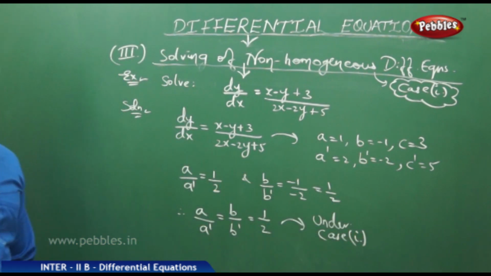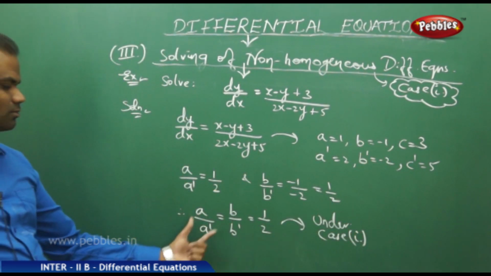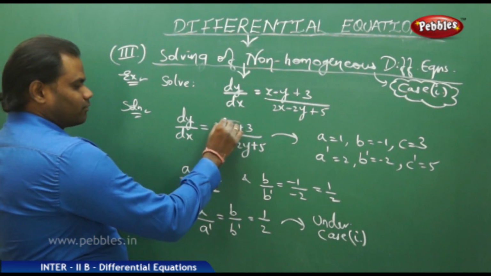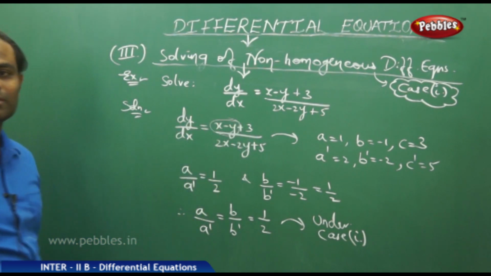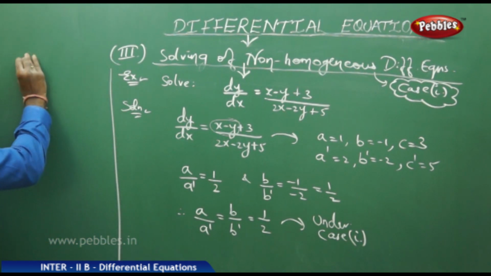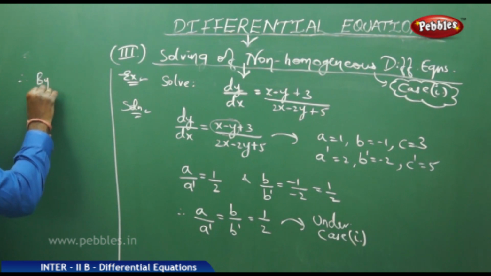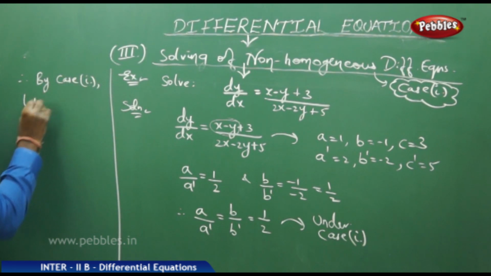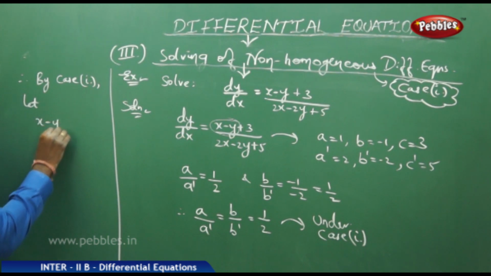So under case 1 we know that if this equals this, then immediately I take the first part, ax plus by, equal to some u. Therefore by case 1, let x minus y equals some u.